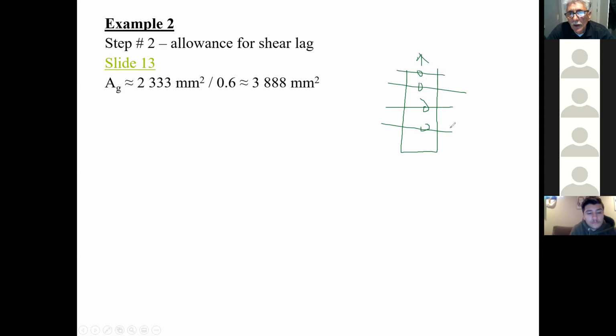Everybody follows? Now, if I would have 4, then I would use 0.8 here. But since I only have 3, they're telling me that I have to use that coefficient of 0.6. So 3 or less, I use 0.6. 4 or more, I use 0.8. Is that clear?